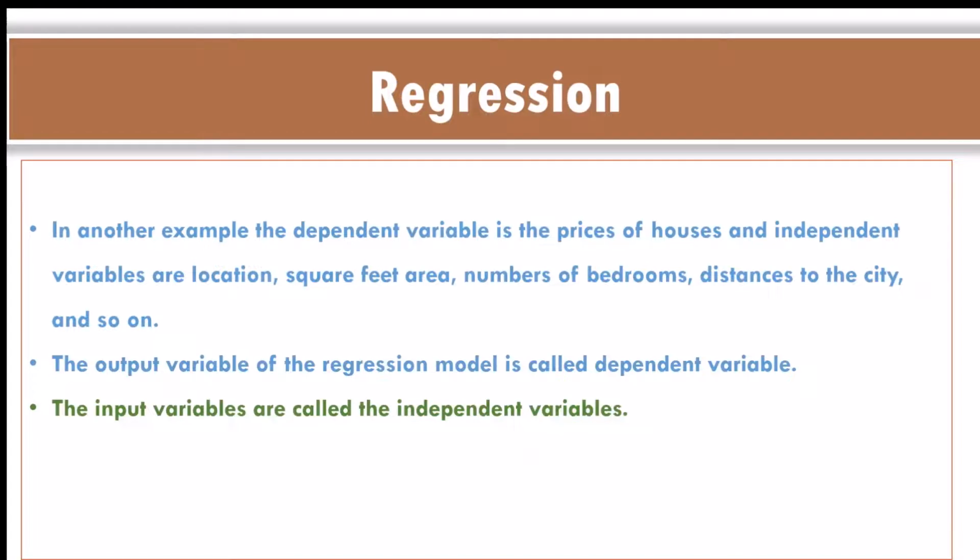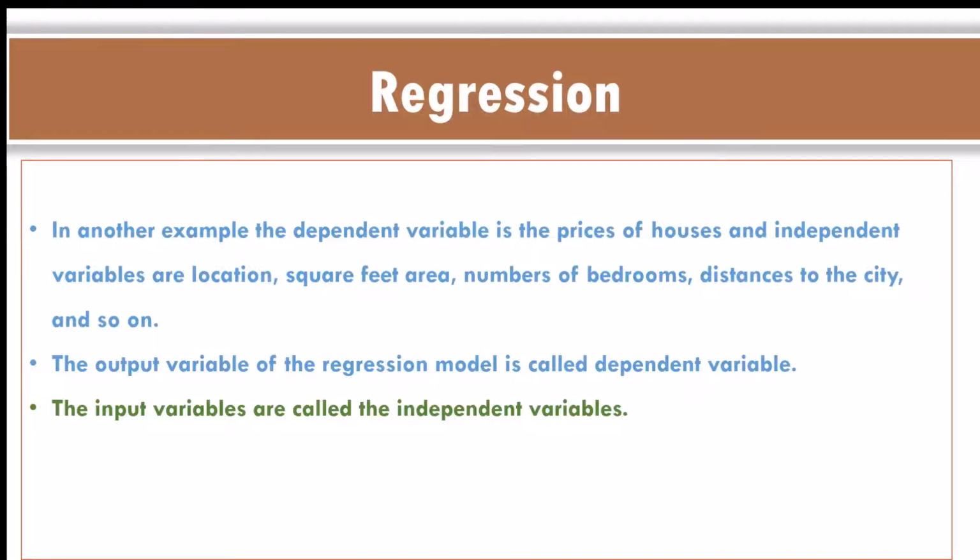At the same time, the input variables are called the independent variables. Why are these called independent variables? We assume in the regression model that each and every independent variable has no relationship with other independent variables. For example, in the second example, the square feet area is one of the input variables.